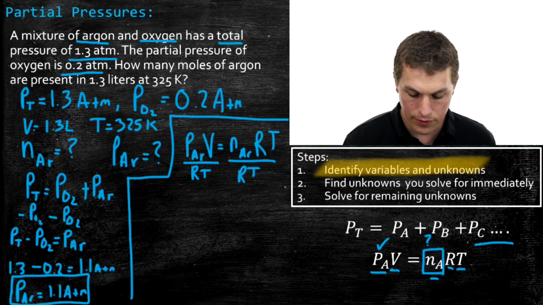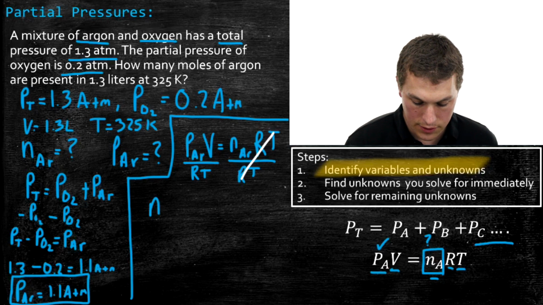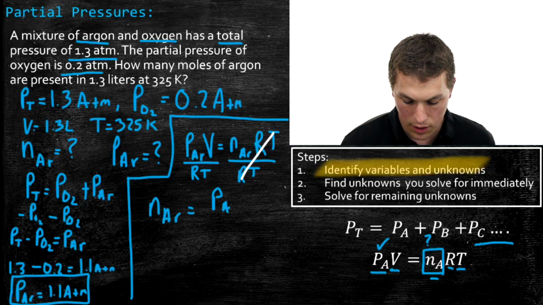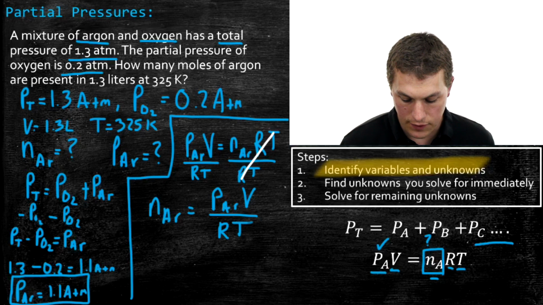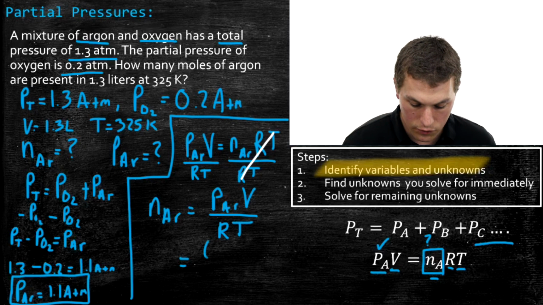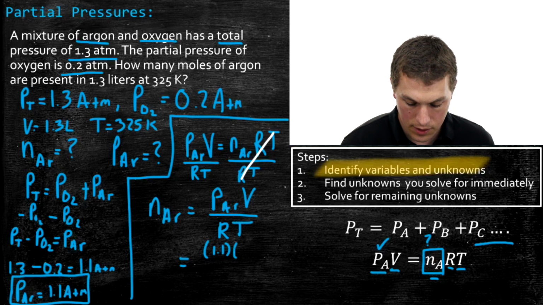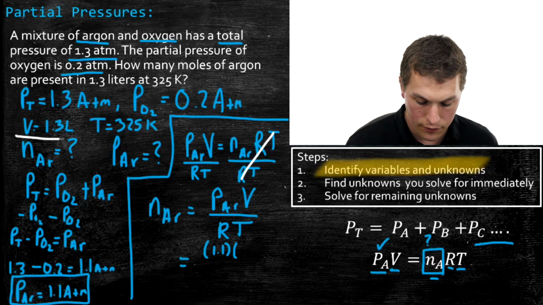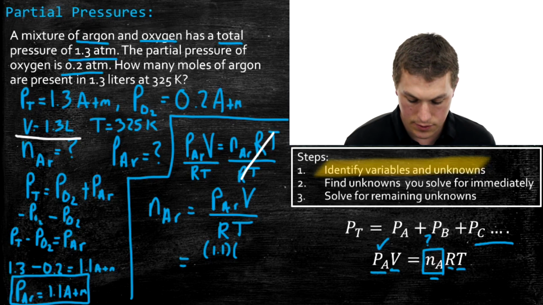And when I do that, those RTs will cancel, and I'll be left with my equation for moles, which tells me that the moles of argon is equal to the partial pressure of argon times the volume divided by R times T. And now I'm all set to just plug in my numbers. The partial pressure of argon is what I just calculated. It's 1.1 atm. And my volume, which I wrote down way back over here, is 1.3 liters.